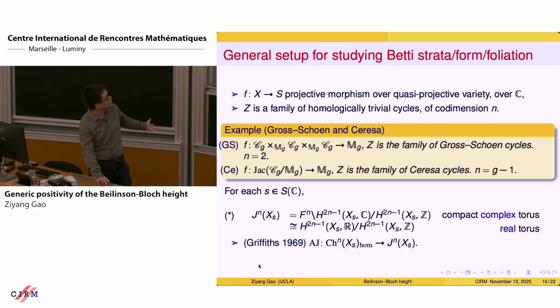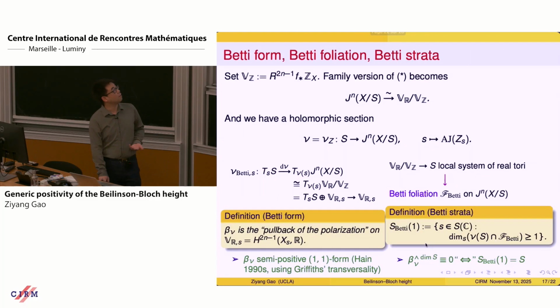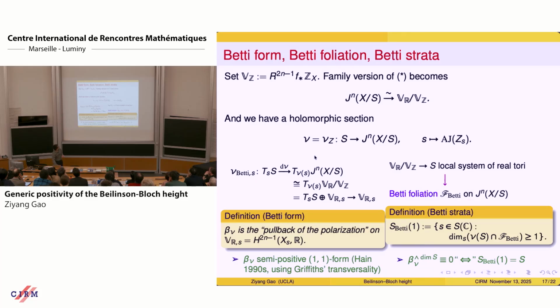So Griffiths proved this. Now if we take Z_s here, we have a point in this complex torus or real torus. And again, as with abelian varieties, this can be done in a family. This is a family of complex tori, and it's isomorphic to this local system of real tori.